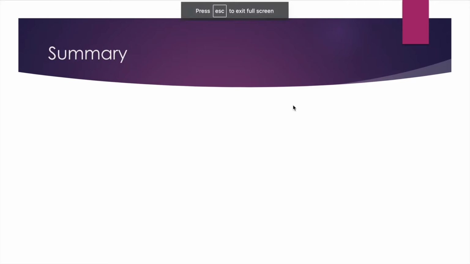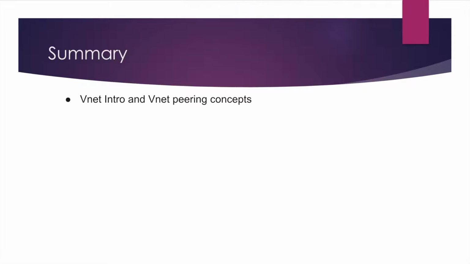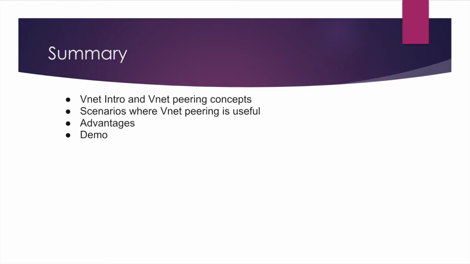Okay, let's look at the summary of what we have covered in this video. We looked at the virtual network introduction and the VNet peering concepts. We also looked at some of the scenarios where VNet peering is useful, and the advantages of VNet peering. We did a quick demo by creating a couple of virtual networks and virtual machines under the virtual networks.